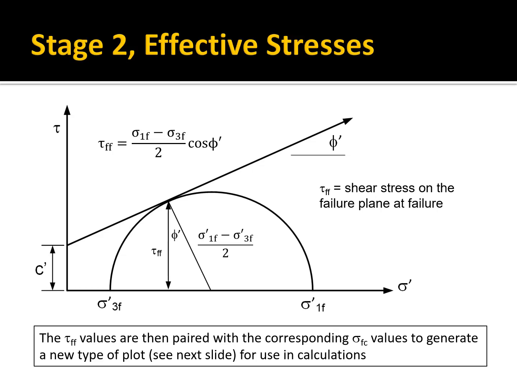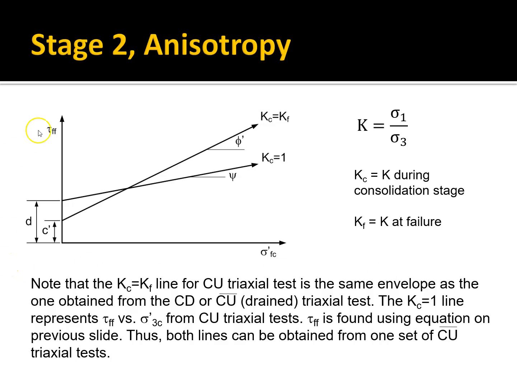Now, if we know for this particular test what the normal stress is on the failure plane at the end of the consolidation stage, sigma prime FC, then if we pair this shear stress on the failure plane at failure, which is basically the shear strength, tau FF, with sigma prime FC, we can come up with a new plot, which is tau FF versus sigma prime FC.